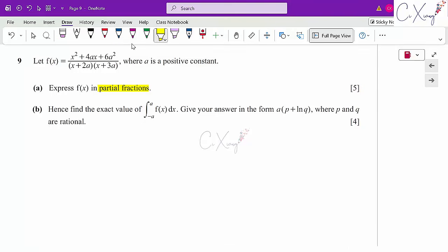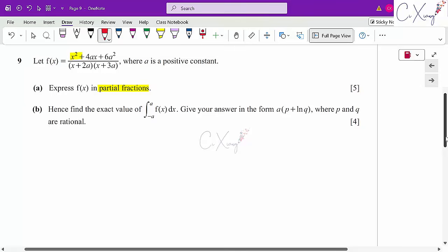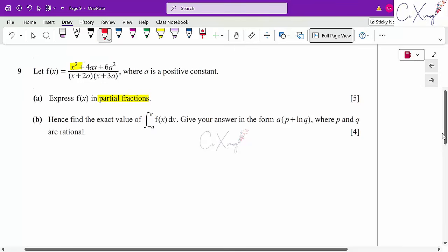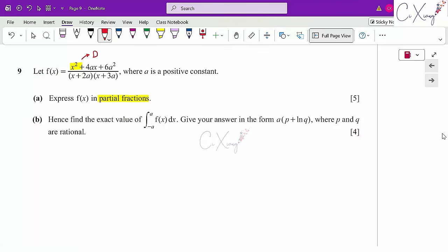Okay, so first of all, let's have a look for the highest power of x at the numerator. So we can see very clearly that it is x power 2, which means that the degree of this polynomial on the numerator is 2. And when you try to expand the denominator, x multiplied with x, the highest power that you get is also x squared.